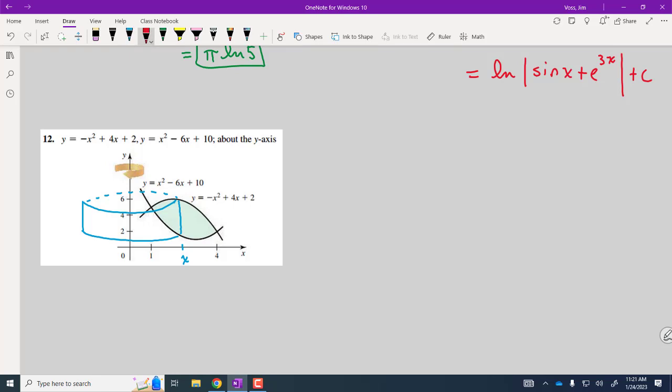The radius of said cylinder is right there. The height of the cylinder is that distance. So see if you can find the volume of this solid object created by rotating that region around the y-axis. And also for reference, I'll put over here the area of a cylinder, which you should know by now. 2 pi RH.